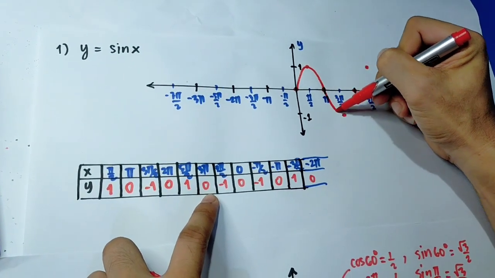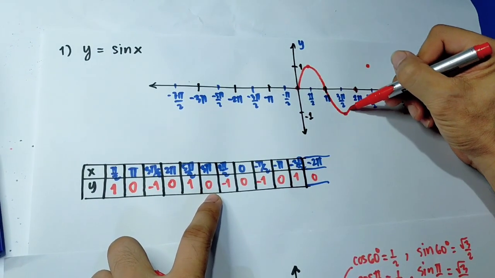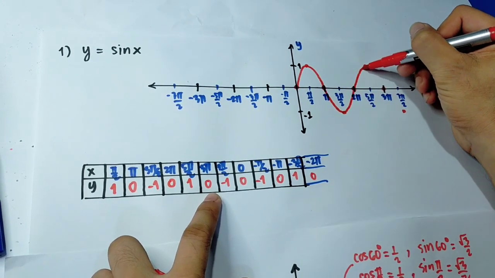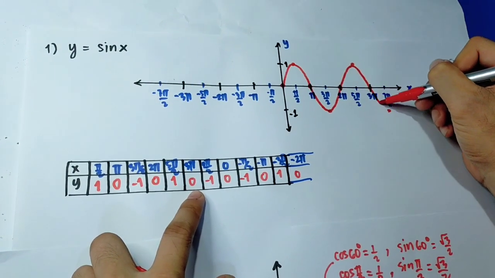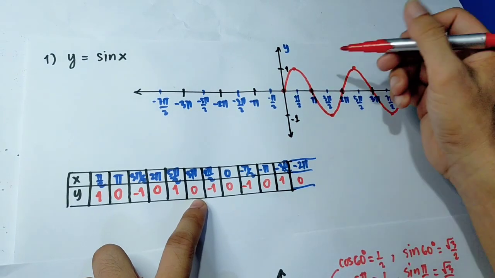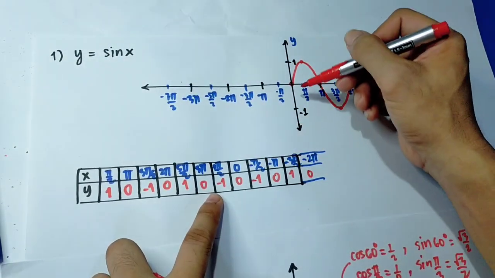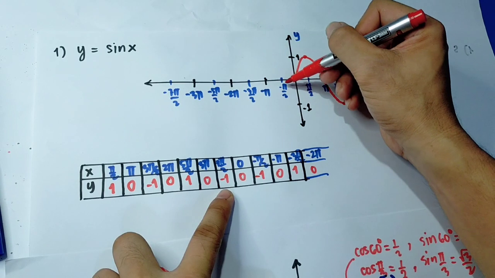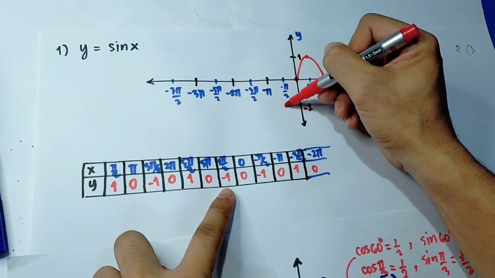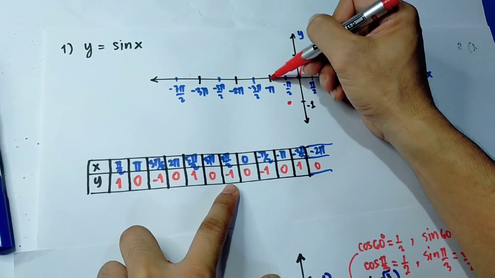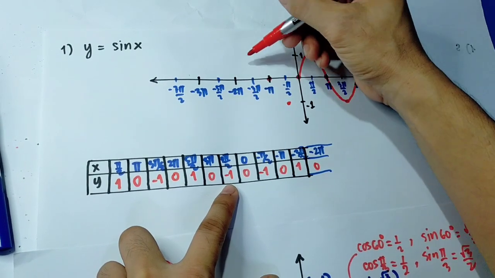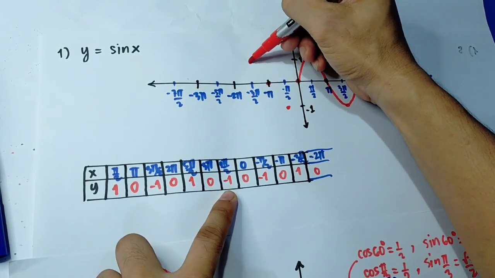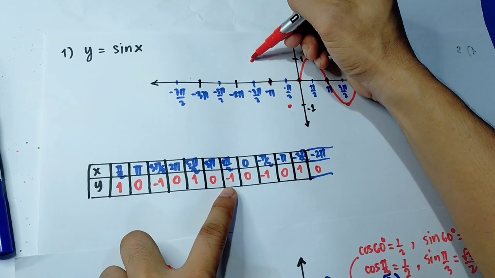Okay, so we have a smooth curve, which is called sine wave. All right, and we can continue to negative x-axis, negative pi over 2. We have negative 1, negative pi, 0. Then it's 1 for negative 3 pi over 2.